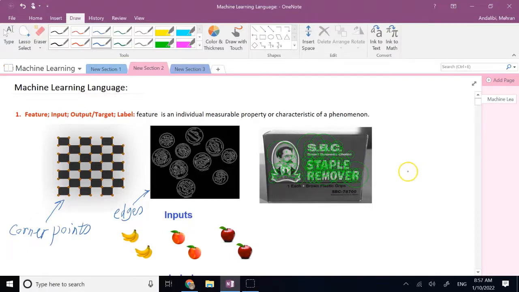But there are other types of features that have been introduced into the body of machine learning during the last 2 or 3 decades. And some of these features are not as easily describable compared to the edges and the corners.